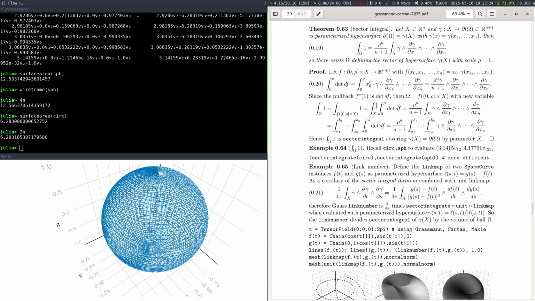Because we evaluated this already. And now we can rewrite this using this notation, okay? So hence the integral over 1 of the sector omega is the sector integral covering gamma of x, by parameter x.